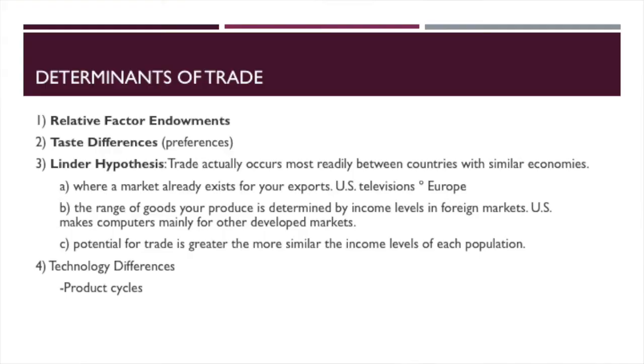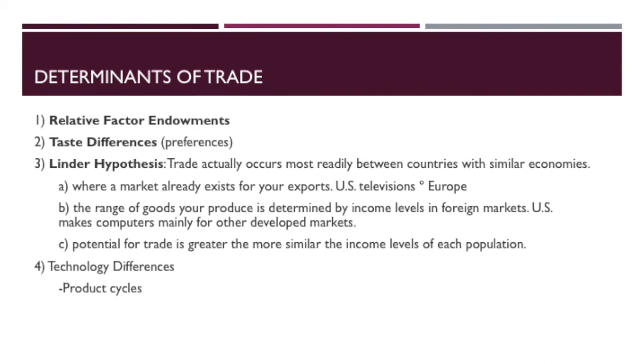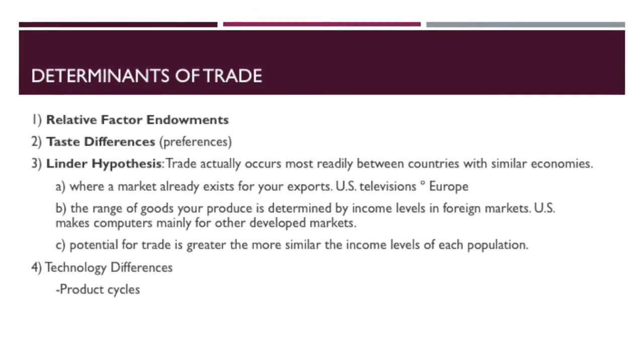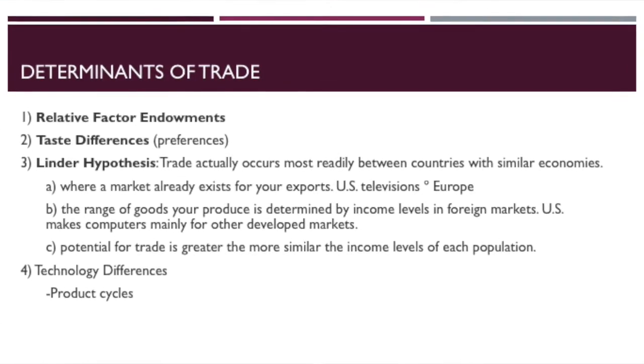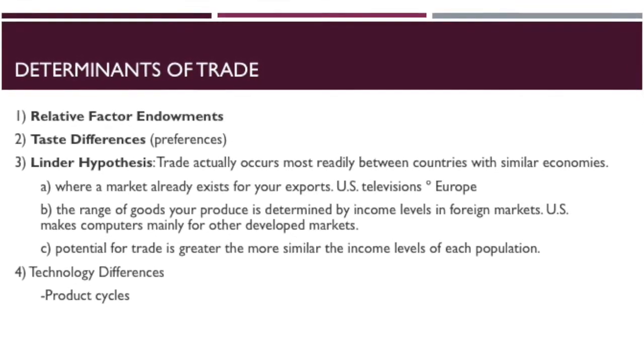Similarly, China is now one of the dominant global powers in the extraction of rare earths, the kinds of minerals that go into components in your cell phone, for example. That's not a huge piece of their trade, but it is a growing piece. Because China happens to have a lot of that in the ground, that is one determinant of their trade. Two, taste differences, basic preferences. Different countries have different tastes, and therefore that is also a major determinant of patterns of international trade.